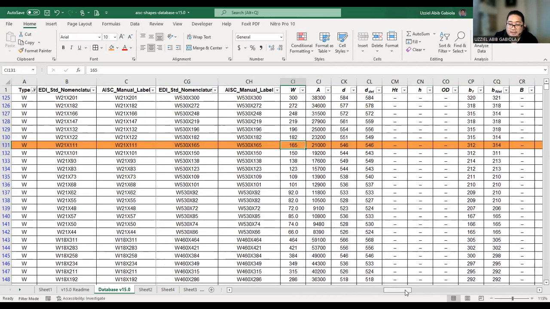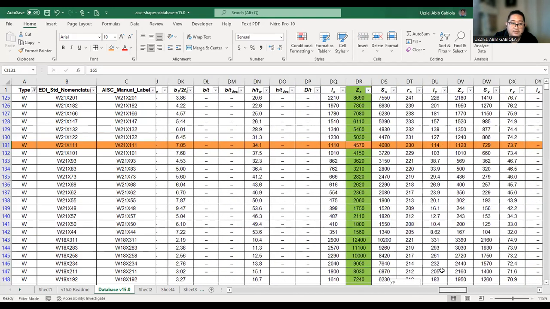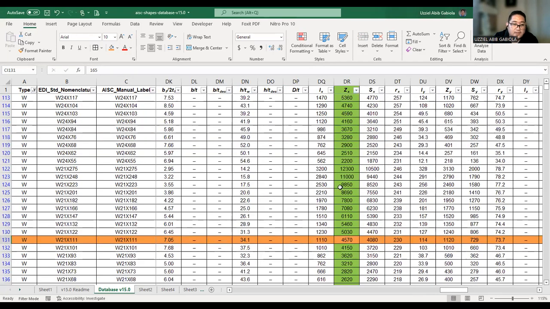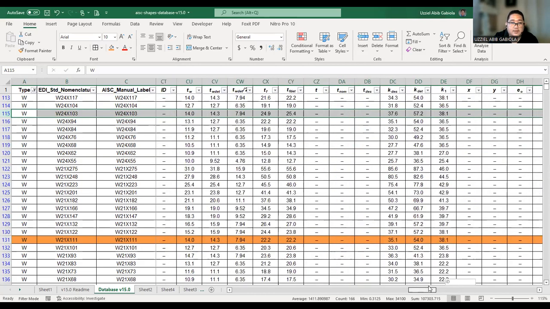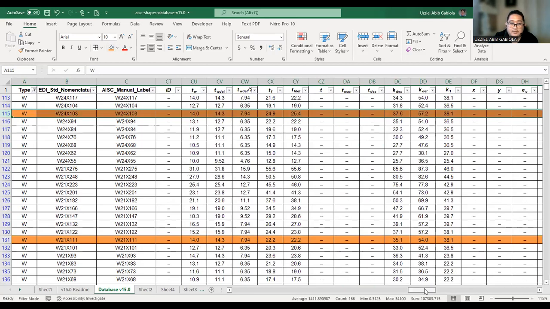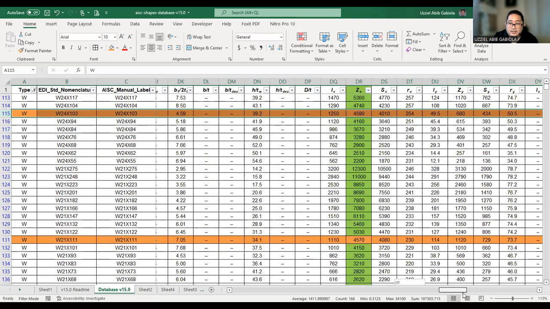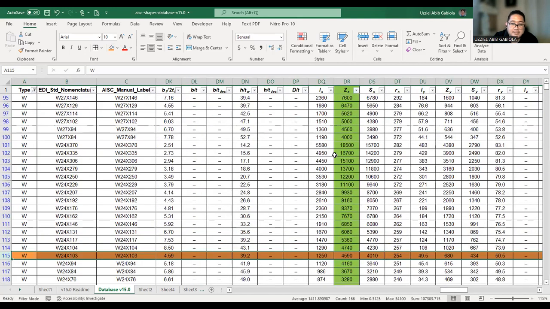Okay? Again, kung patuloy na lumiliit yung weight natin, tuloy lang natin. Next is 24, 4187 sa 24, dito na siya papasok. So W24 by 103. So ang ating section modulus is 4590 times 10 cube. And then ang ating weight ay 153. Okay? Next, after ng 24 by 103, next natin is 27.